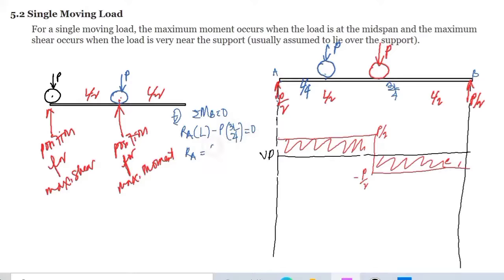Now RA is equal to 3P over 4. So since the reaction here would be equal to 3P over 4, then the shear at this point is equal to 3P over 4. Now, that would make the shear at this point negative P over 4.